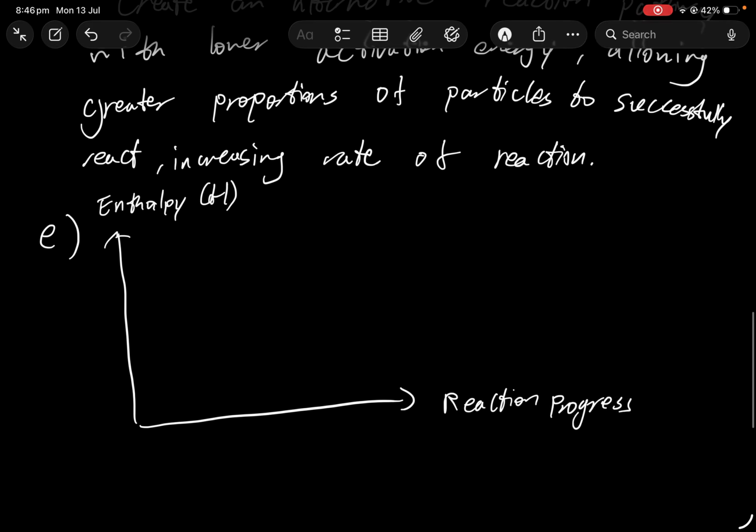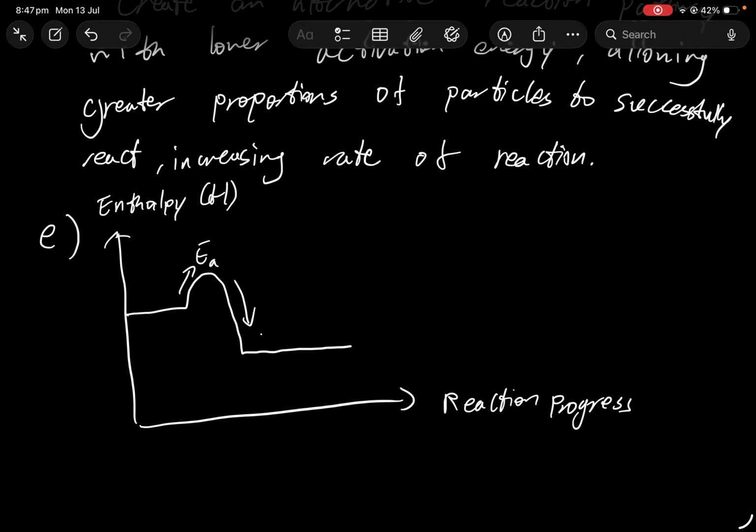It starts from here, and then this will increase and go down. This is activation energy.